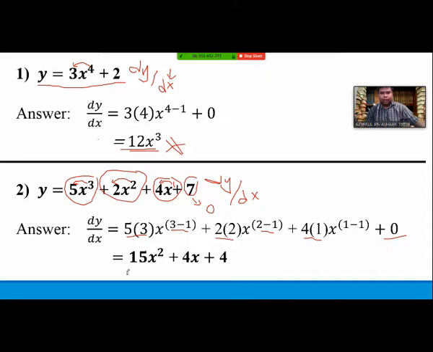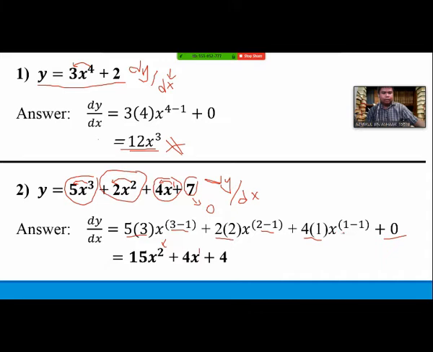So what you will get is 5 multiplied with 3 becomes 15, x power of 2. And this one is 2 times 2 becomes 4, and x is power of 2 minus 1, x power of 1, which is x. And this one becomes plus 4 multiplied with 1 becomes 4.